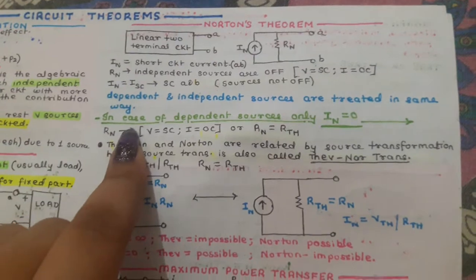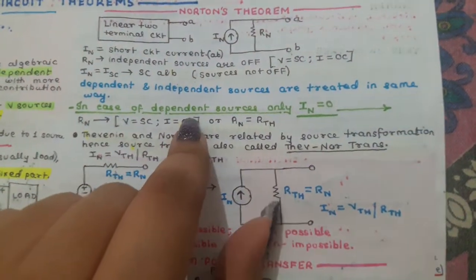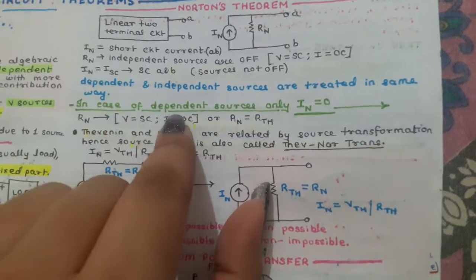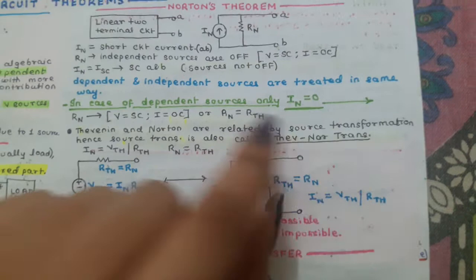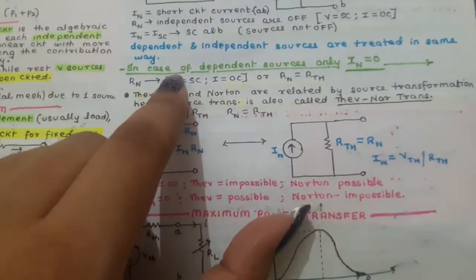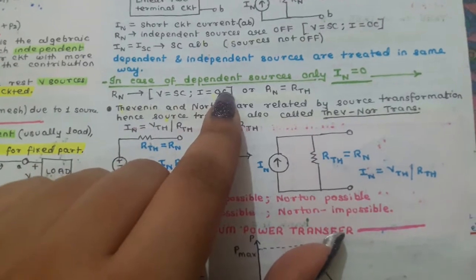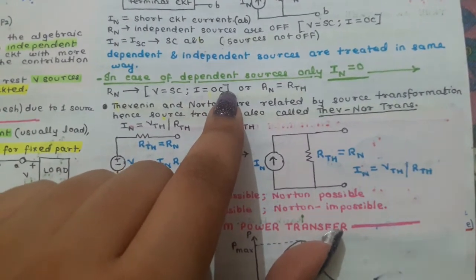Now, an important thing to remember here as well: if you have dependent sources only in the circuit, then IN equals 0. Don't get stressed, because even if the question mentions that independent sources are not available, you might still be busy solving it over and over and wasting your time.